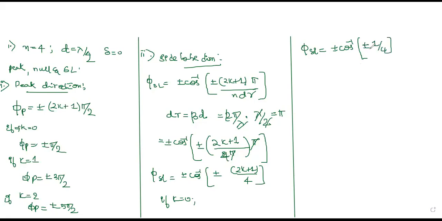Now, tell me, you have two values here. What is actually cos inverse of 1 by 4 and cos inverse of minus 1 by 4? Both will be same, ma'am. Both are same. Yes. Plus and minus both are same.